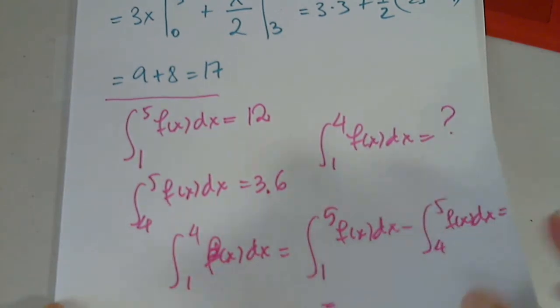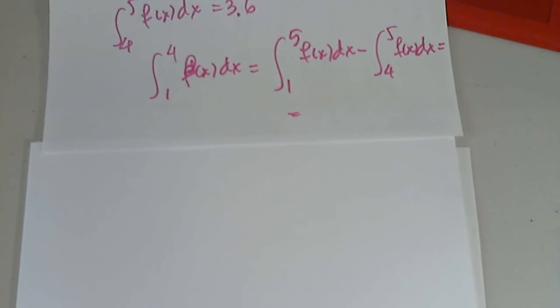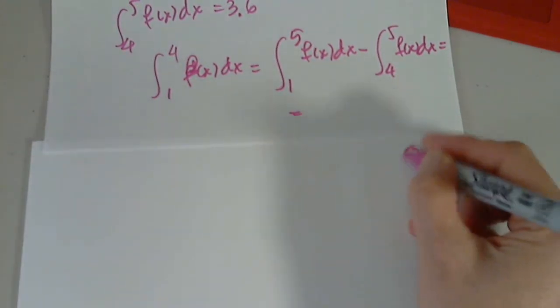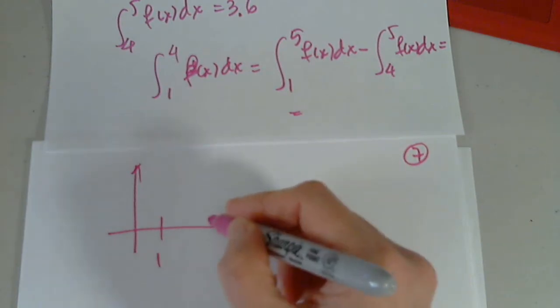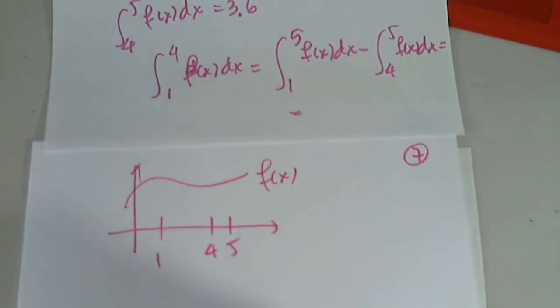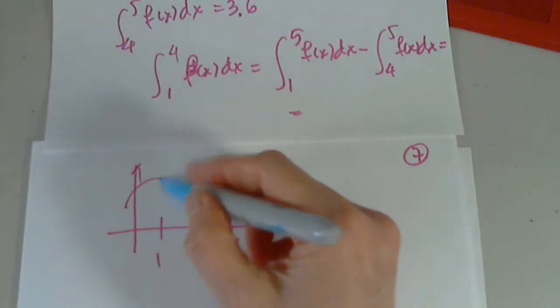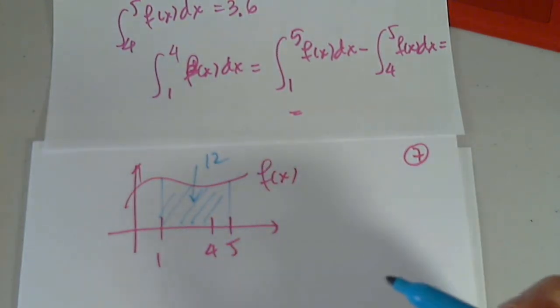Why? If it's not clear, here is a potential graph of something like that. So this is 1, this is 4, and this is 5. Here's the function. The integral from 1 to 5, which is this area, is 12.